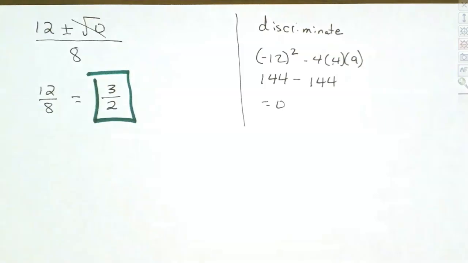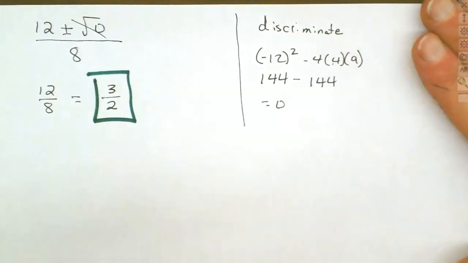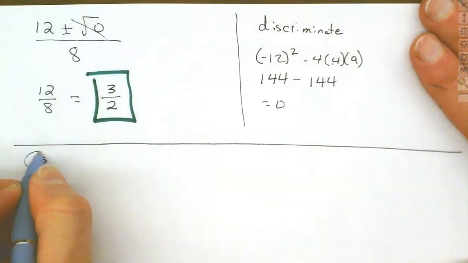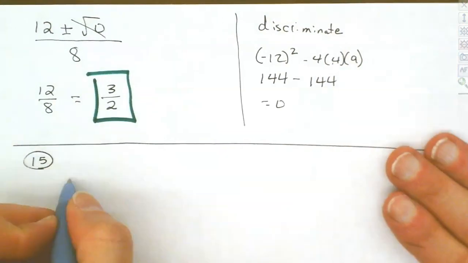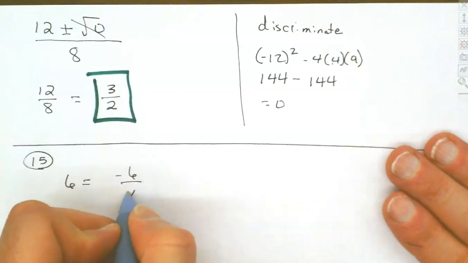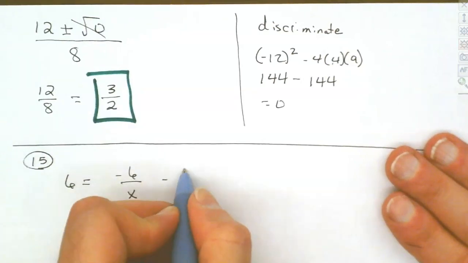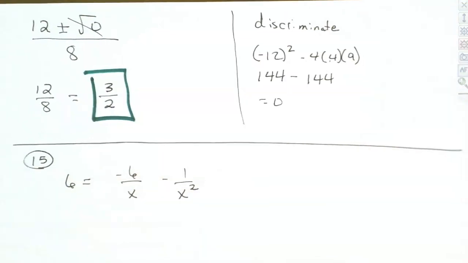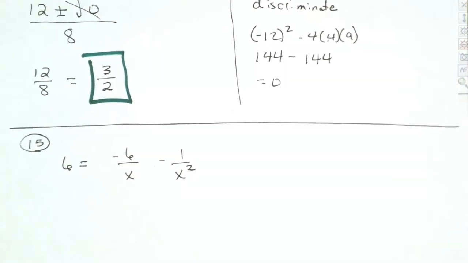So that one should be what you get for question 13. We also ask about 15. So how do we handle 15? Well, we need to clear out our fractions again, don't we?